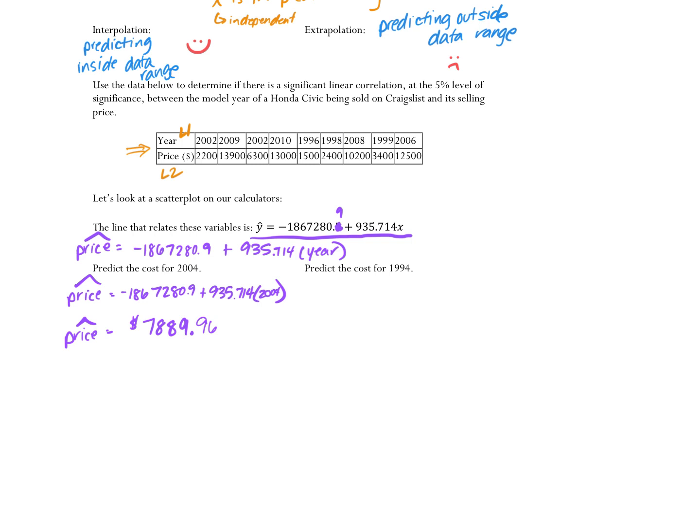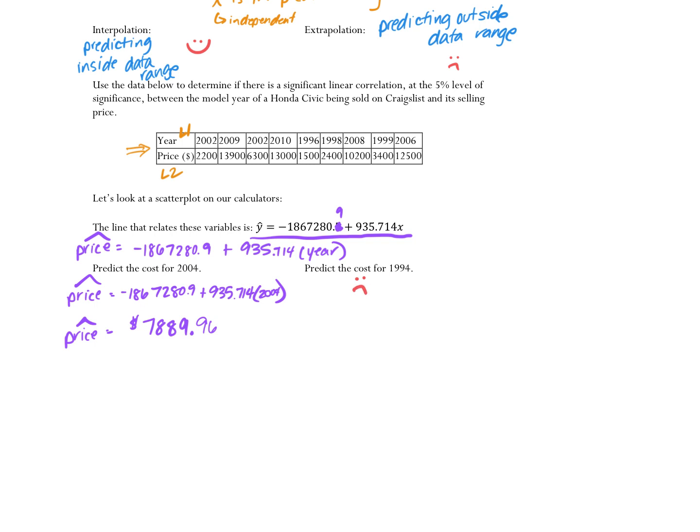It's worth noting that we are allowed to predict for 2004 because 2004 is in this data range, since our data ranges from 1996 to 2010. When I go to do 1994, we're still going to practice making that prediction, but this is a sad case.